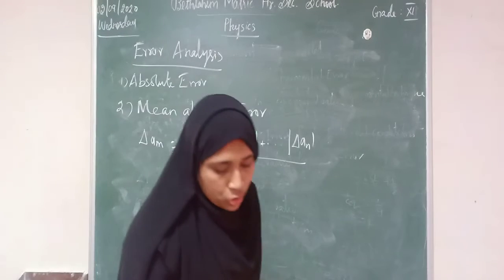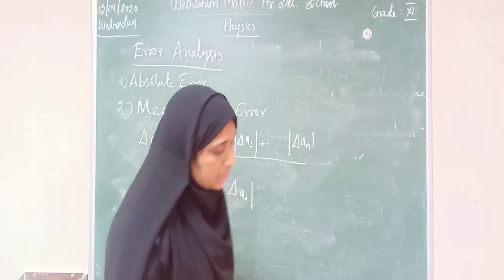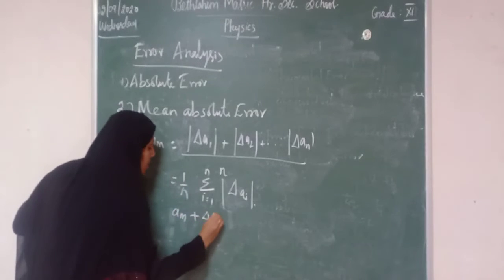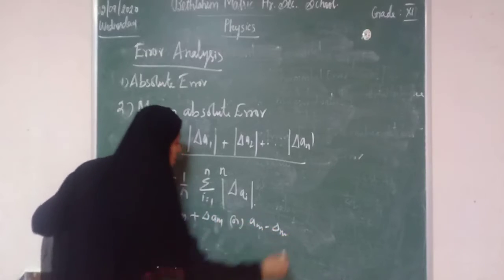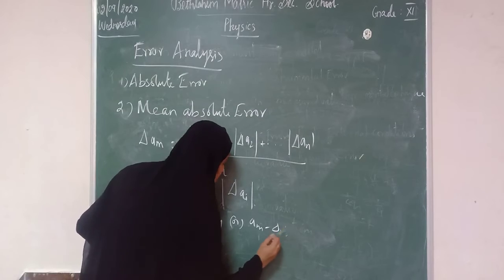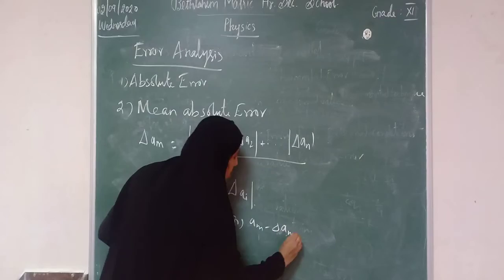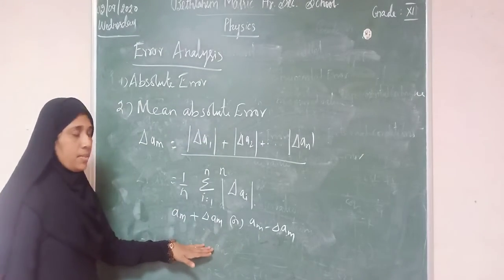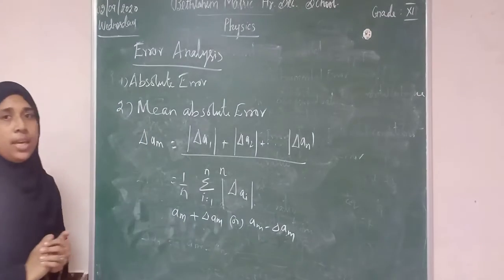If AM is the true value and delta AM is the mean absolute error, the magnitude of the quantity lies between either AM plus delta AM or AM minus delta AM. This is the range in which the quantity lies, either in the plus or in the minus. So this is about mean absolute error.